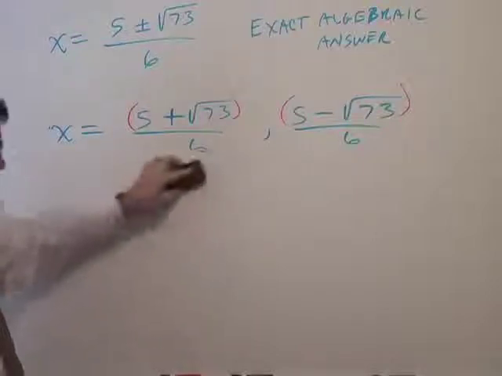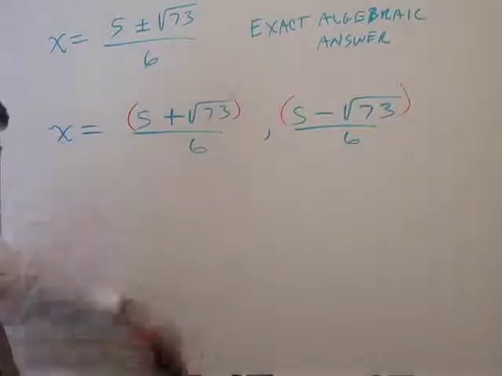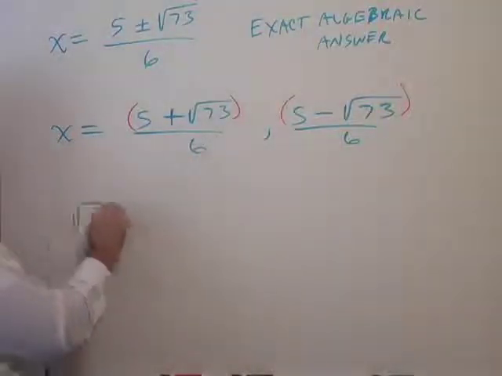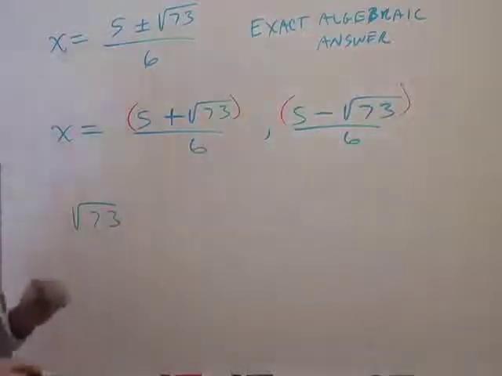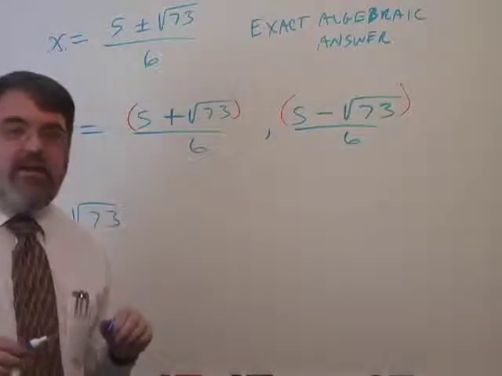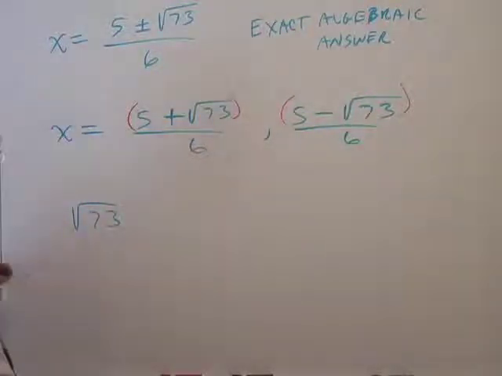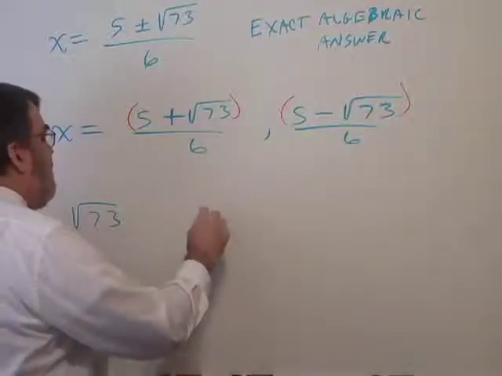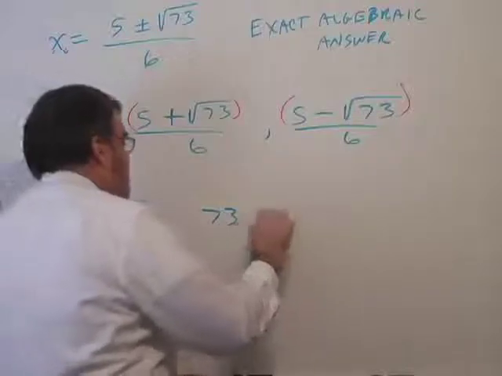All right, now calculators differ, and there are two main types. Here's the issue: how do you do the square root of 73? If you have an older calculator or a more primitive model, on most of those you have to type in 73 and then hit the square root button.